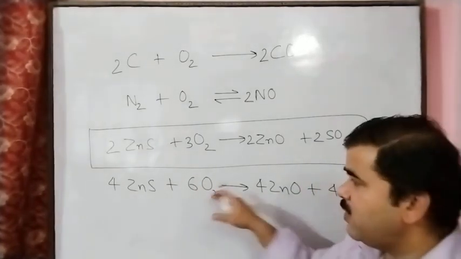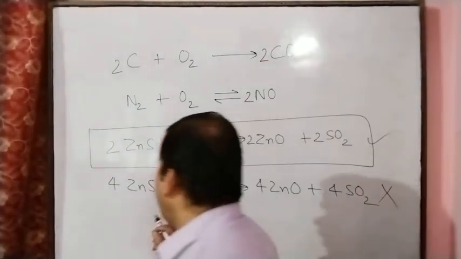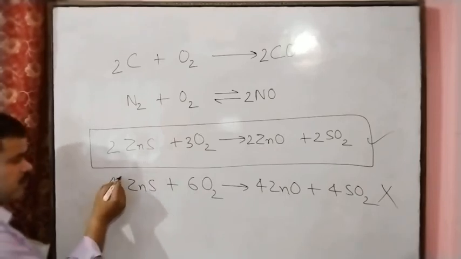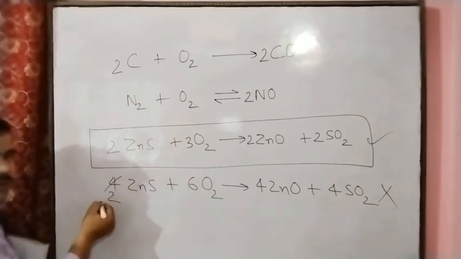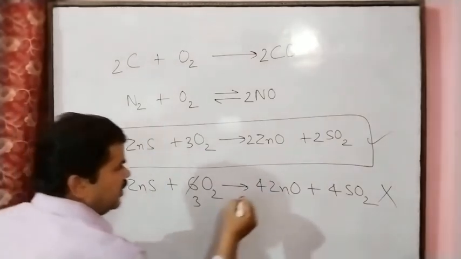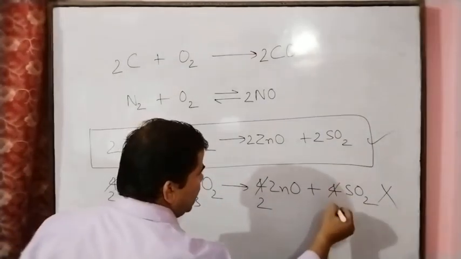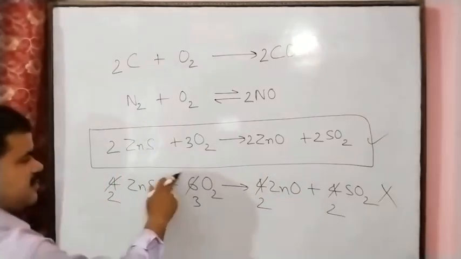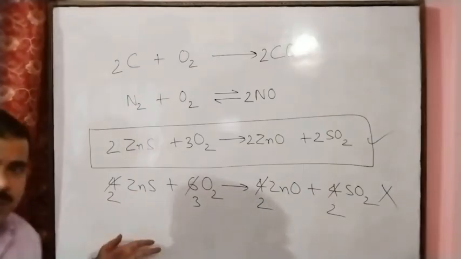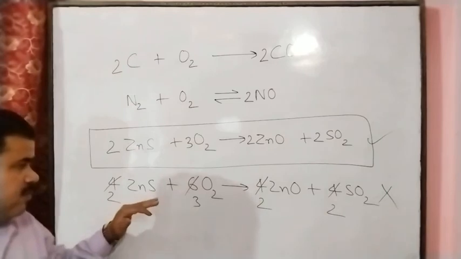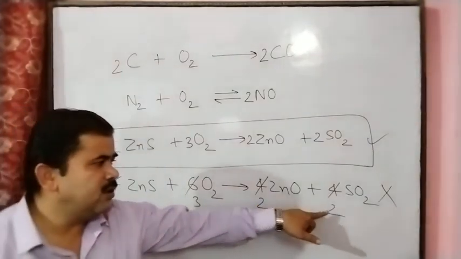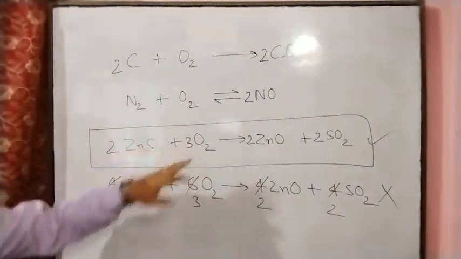Of course this equation is totally balanced. But if you simplify this equation by dividing by 2, what do we get? 2 divided by 2 is 1, then 4 divided by 2 is 2, then 6 divided by 2 is 3, and here we get 2, and here we get 2. This means this is not the simplest number. By dividing by the simplest number, we get the simplest chemical equation: 2ZnS, then 3O2, 2ZnO, then 2SO2. Same equation you are getting after that.